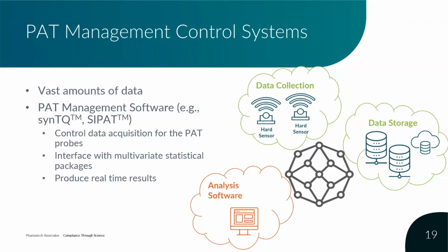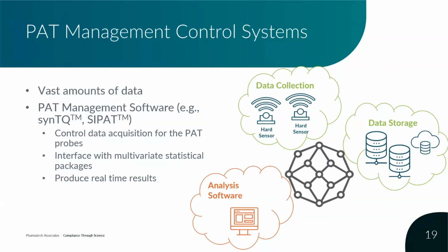The software also has to interface with multivariate statistical packages for model development, validation, etc. A good thing about these systems is that they do allow for data mining, which can be very important in the validation and development of the statistical models that you will need in order to predict a critical quality attribute from the raw data.